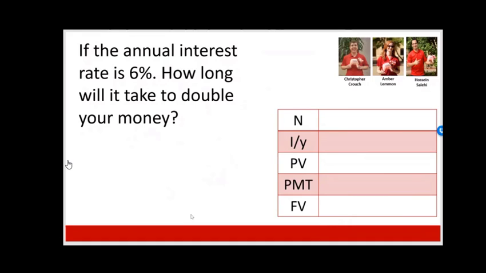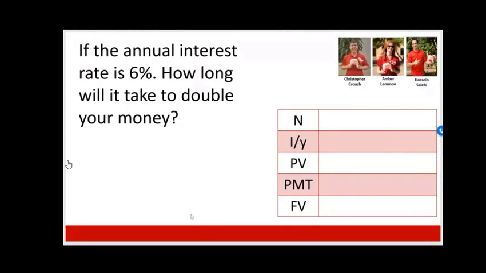All right, so if the annual interest rate is 6%, how long will it take you to double your money? I love this problem because it's a little bit different than a lot of the others. There's no dollar amounts here. So can anybody tell me how they would set up this problem?